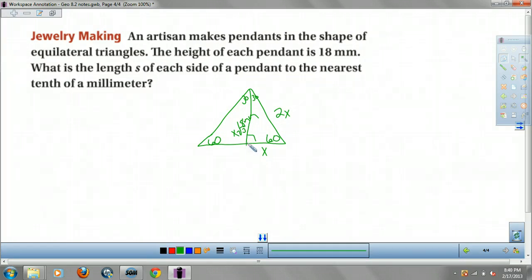So I have to solve for my x on this one. Okay. So I do 18 equals x root 3. So I divide both sides by square root of 3. This time I just plug in my calculator because I can round.